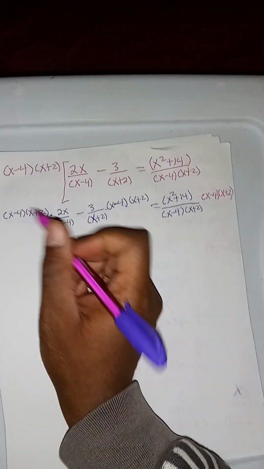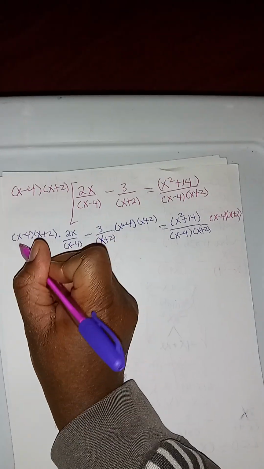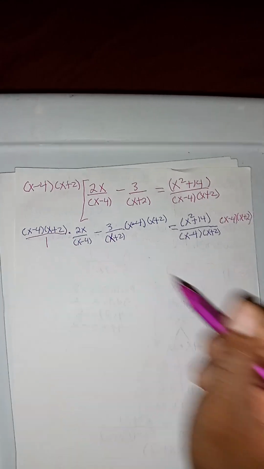Perfect. Now we want to put what we multiplied by over 1 to make it a fraction.